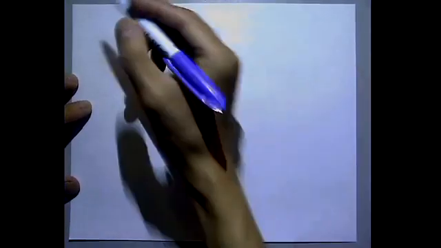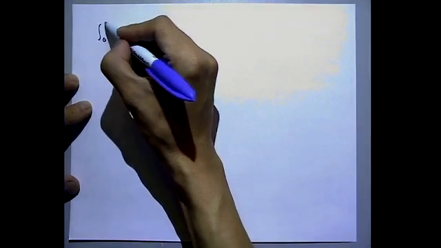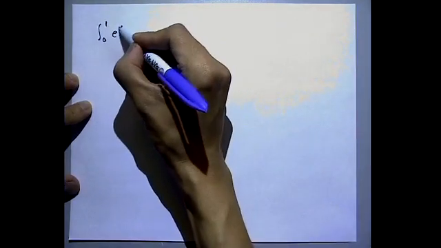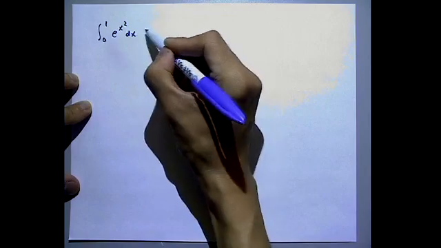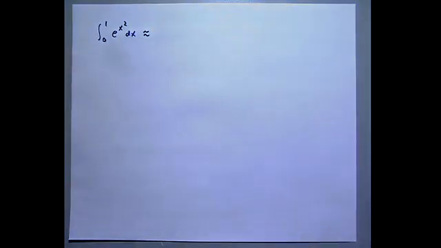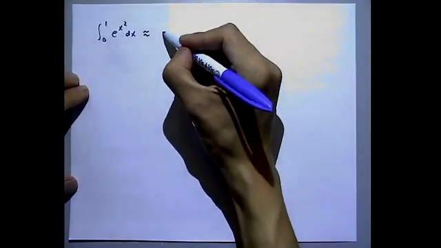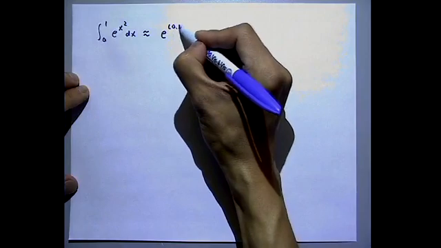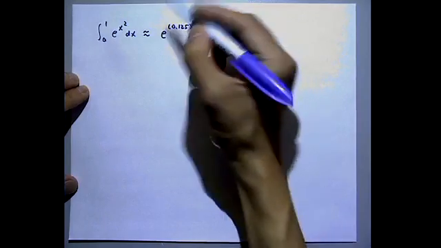So let's find out what the midpoint rule tells us this should be equal to. We simply add up all of these rectangles. The first one has a height of e to the 0.125 squared.